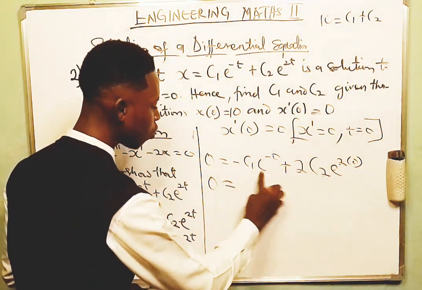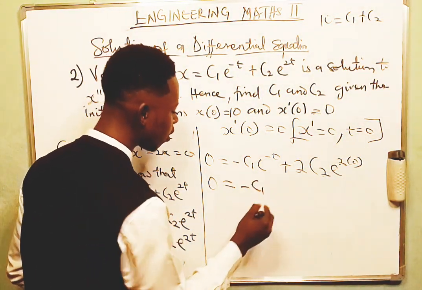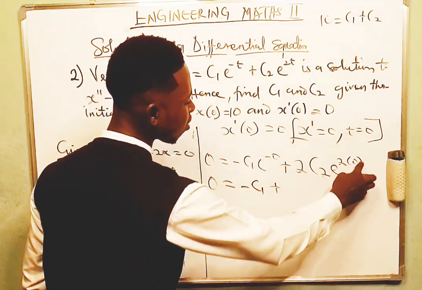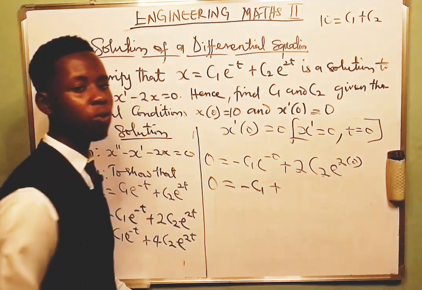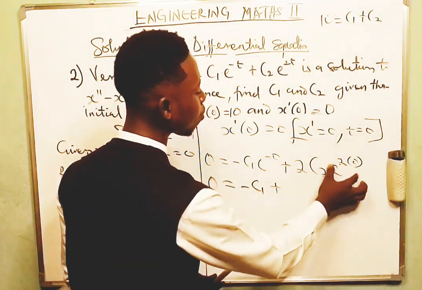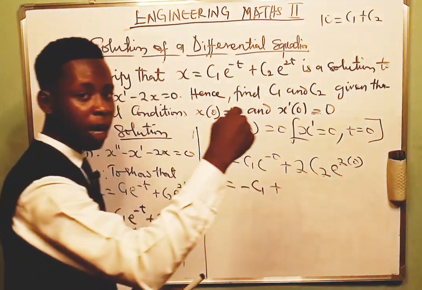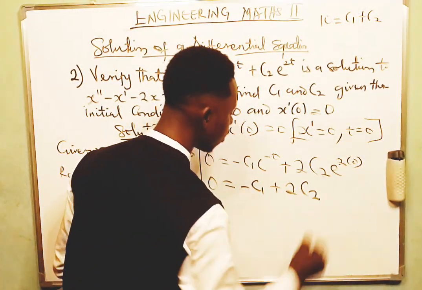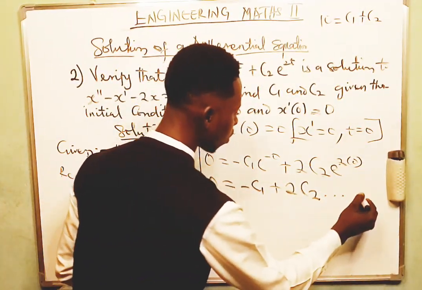You are left with minus C1. Then plus 2 times 0 gives 0, and exponential 0 gives 1. So 2C2 times 1, just as we did in the first part, you will be left with 2C2.